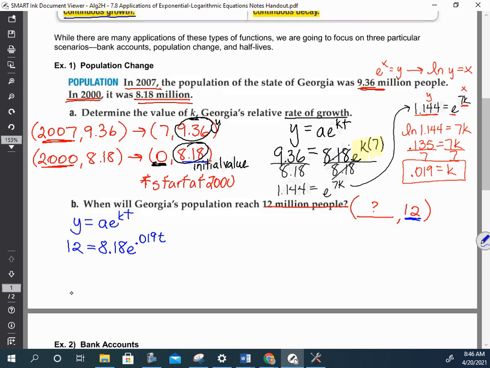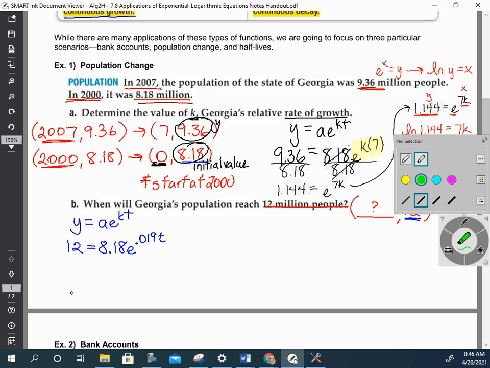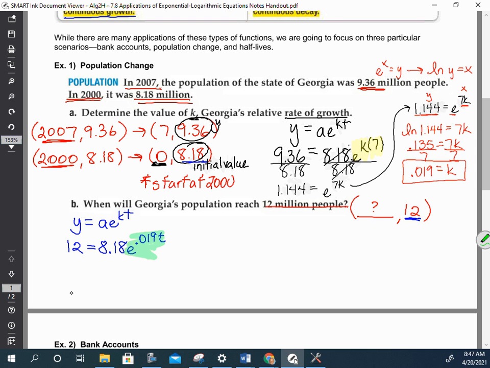So here's our equation. We solve for t, and we can use that to get the year. So just like the problem that we did before, this part, the e part has to be by itself before we can do a rewrite. So 8.18's got to go.